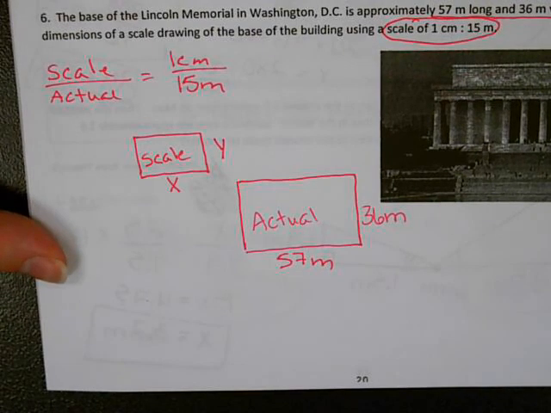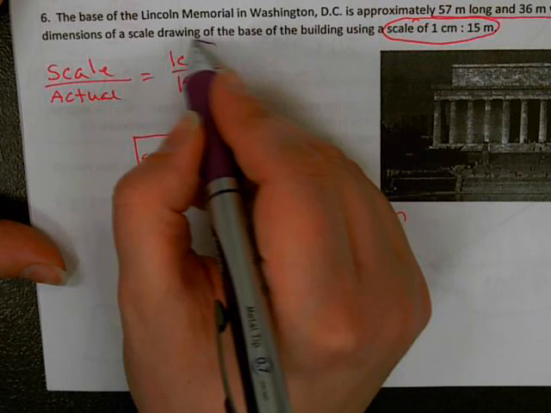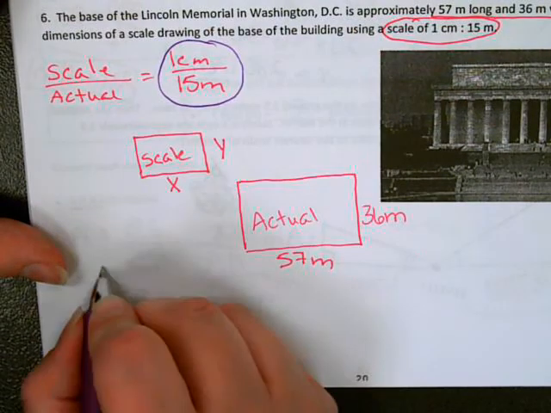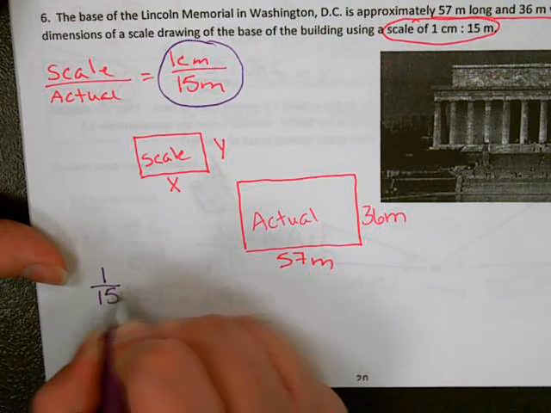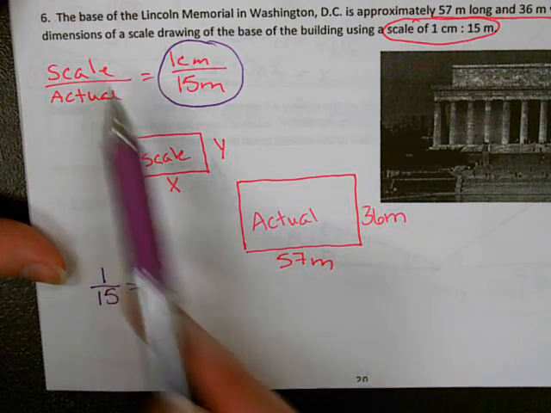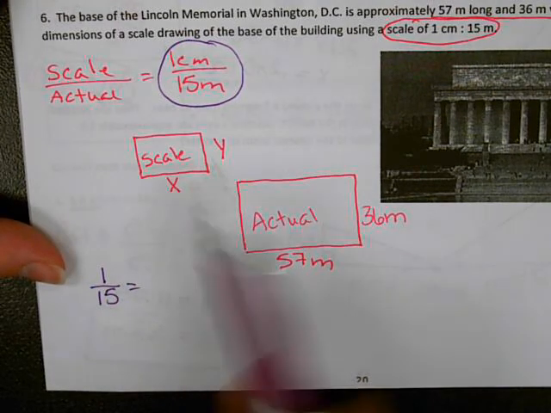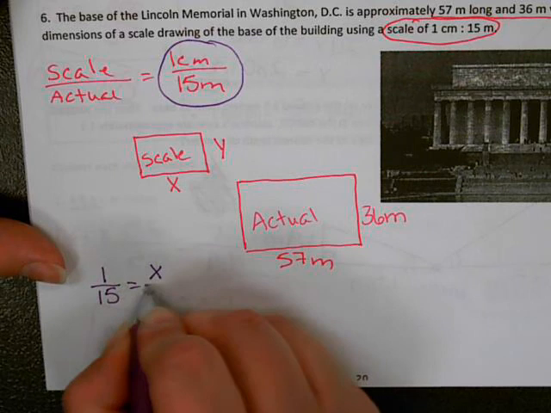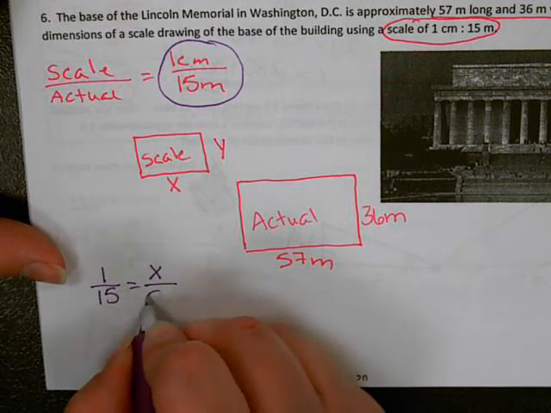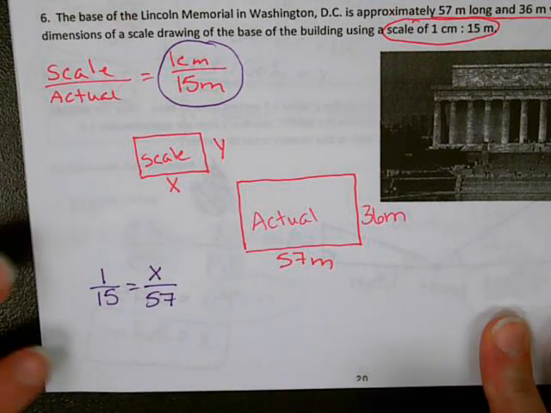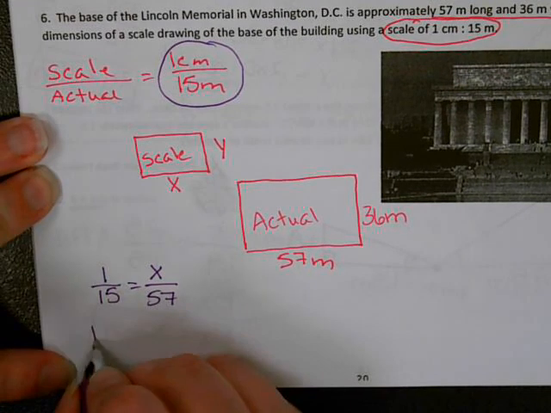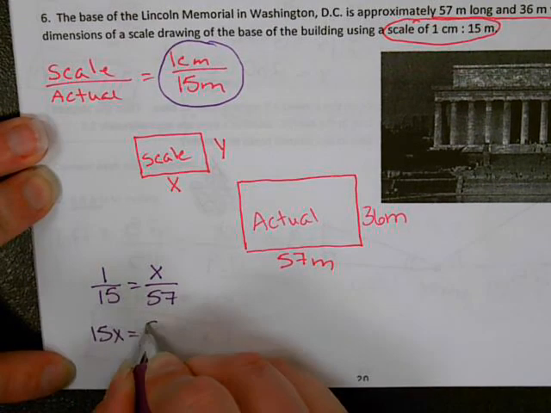All right. So I'm going to take my original scale that I was given, 1 over 15. And the 1 is with the scale, which means if I'm looking for the length of my scale, that's the x. And the length of my actual is 57. And then we can just cross multiply. So 15x is equal to 57.